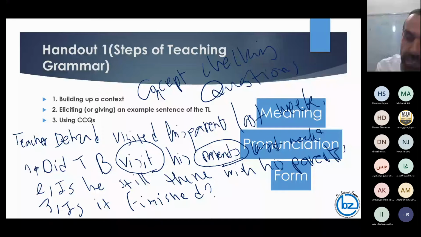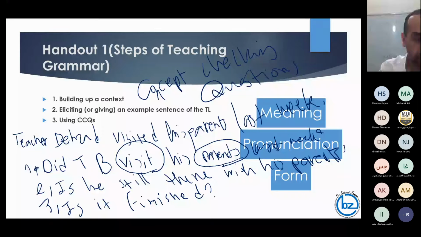An equivalent for parents, dad and mom, is simply not the appropriate CCQ because it's not atomic enough. But normally 2 or 3 questions are going to be good enough, dear teacher.